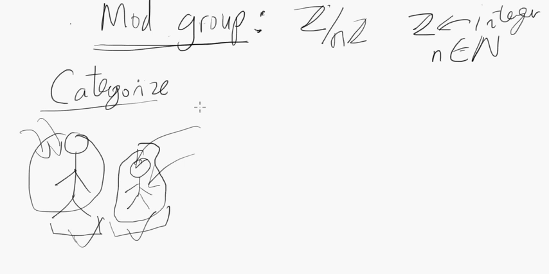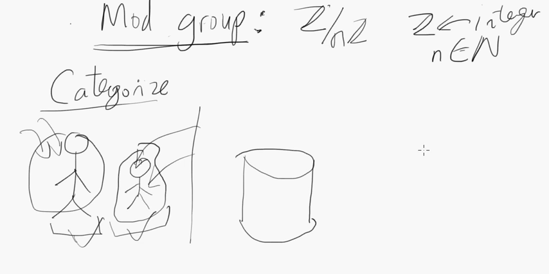Another way to think of the entire set of people is in terms of happy and sad. In essence, what we've done is create a bucket.